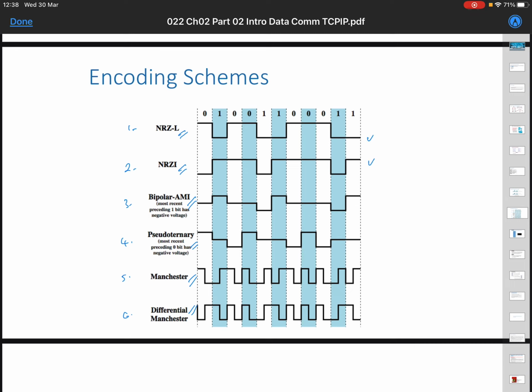For the same digital binary data, you have different signals, different outputs, using these different encoding schemes: NRZ-L, NRZ-I, bipolar AMI, pseudo ternary, Manchester, and differential Manchester.